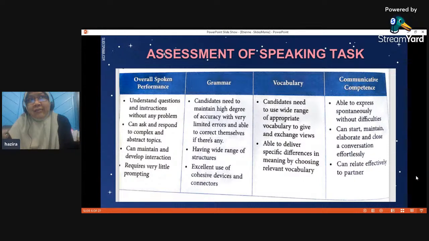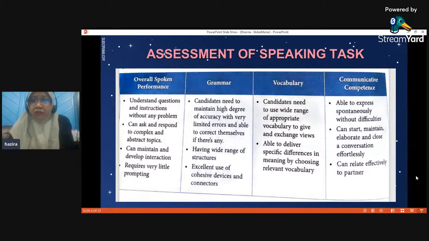That is why, if you notice in your download textbook, every unit there are some exercises for your vocabulary. Because they wanted you to be familiar with all those words and you could use them later when you are having your speaking task.